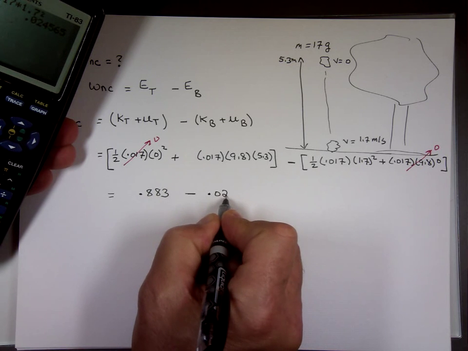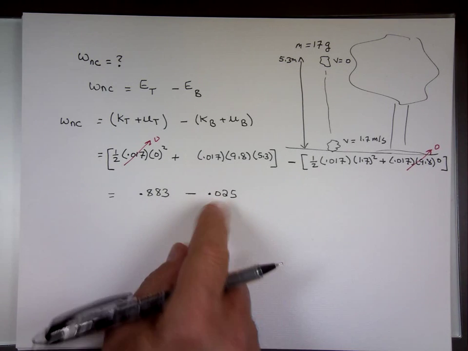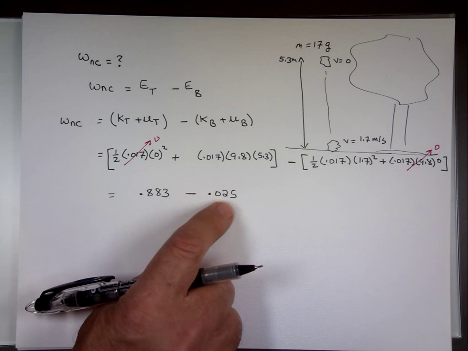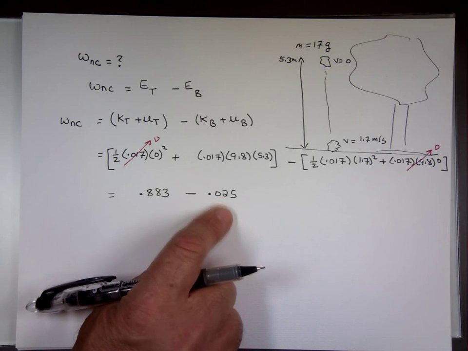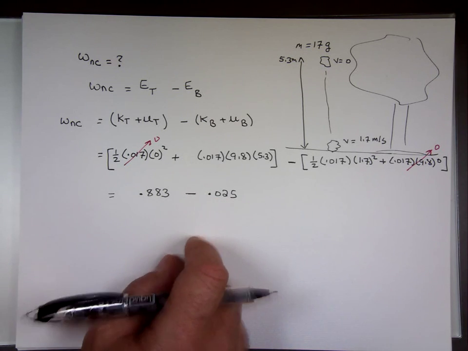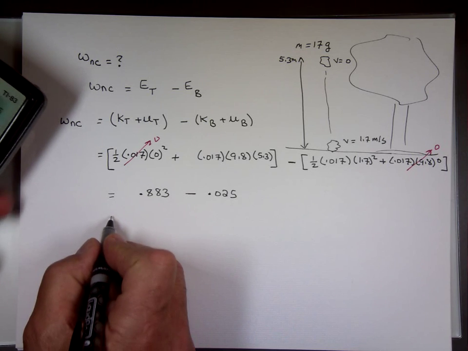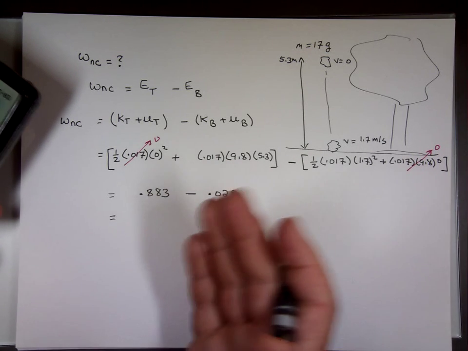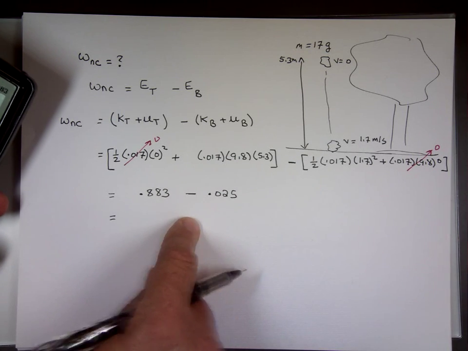Notice the work done by friction is a lot. Notice the difference between them. We lost a lot of it. When you get to the bottom, you have almost nothing left there.